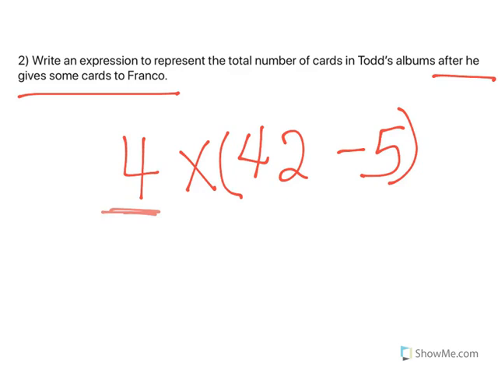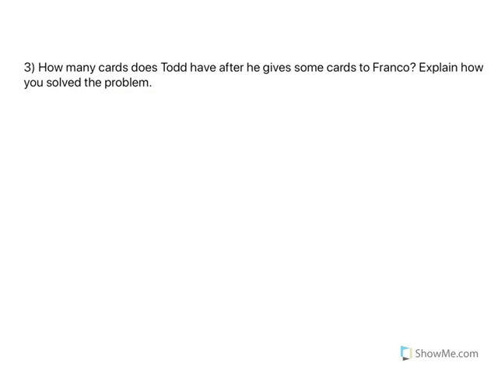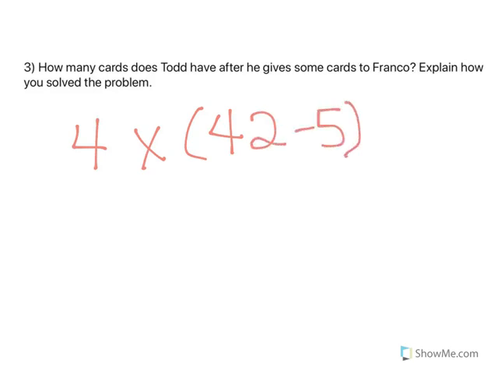It says, how many cards does Todd have after he gives some cards to Franco? And it says to explain how you solve the problem. So we've mostly just been explaining as we go. But like we said, we have the expression 4 times, and then in parentheses, 42 minus 5. And again, we needed to add the parentheses because he takes them from 4 albums.